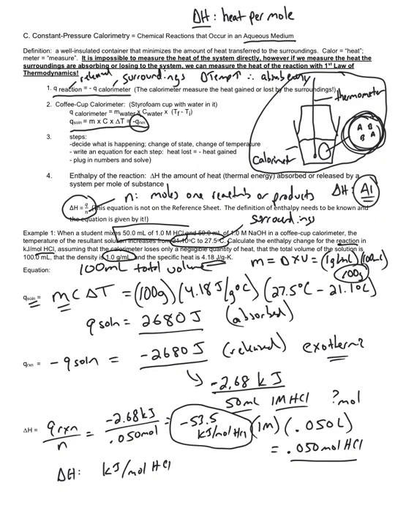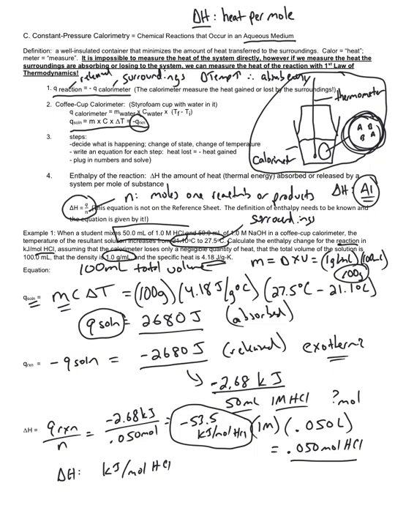All right, so whenever we have a reaction that occurs in water, we are going to measure the temperature change of the surroundings. We're then going to use MC delta T to calculate the Q of the surroundings, the Q of the solution. The solute and solvent heat up the same, so we typically use the specific heat of water.